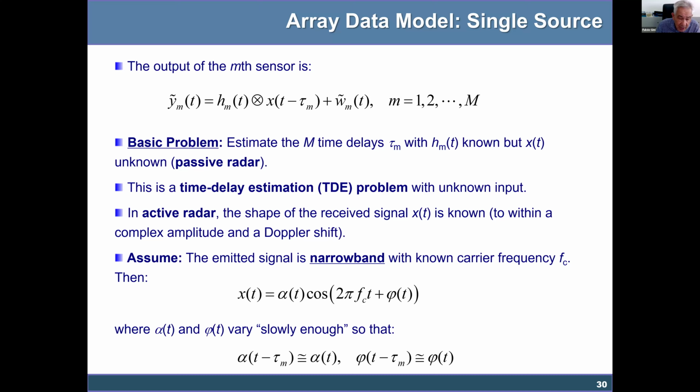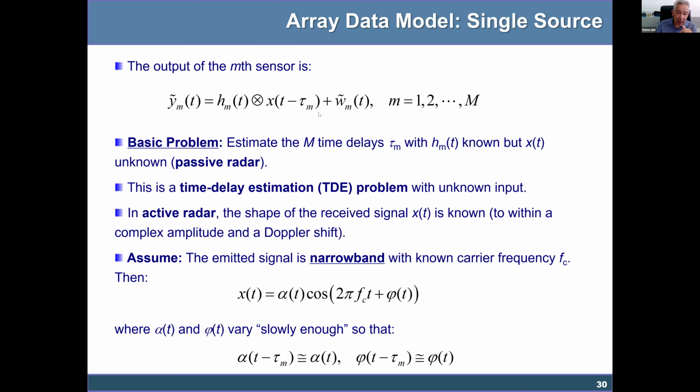So the assumption that the system behaves like a linear time invariant system has as a consequence that at the output of the M sensor, what we obtain is the linear convolution, which is represented by this symbol, between the input signal and the impulse response.